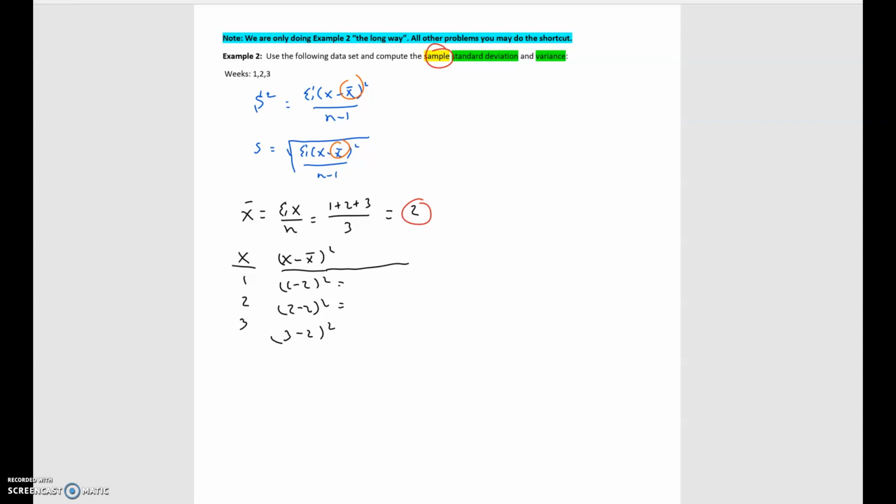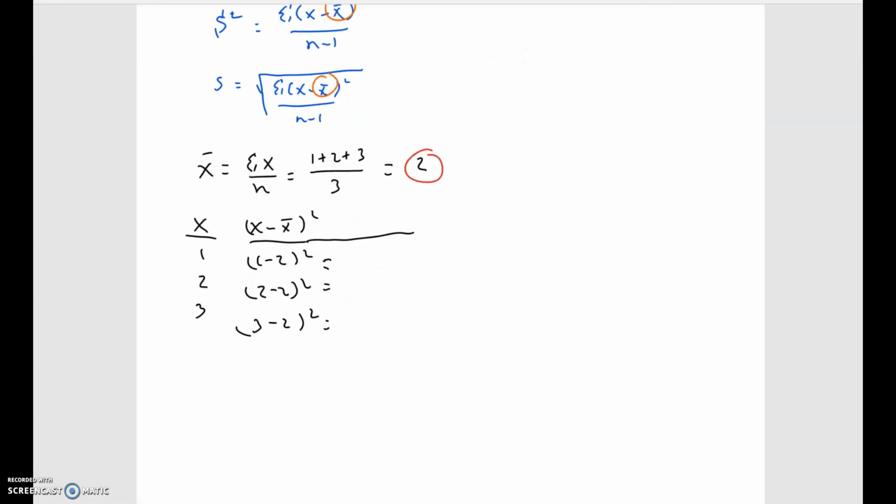Some of these are going to be really messy for other problems, so we wouldn't really do them by hand, but I still need you to practice this, because on grouped data, there's no way to do this other than the long way.